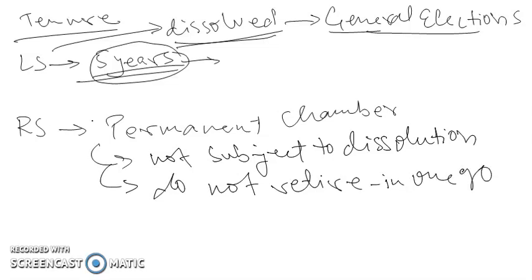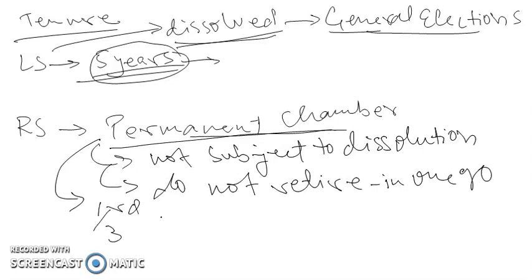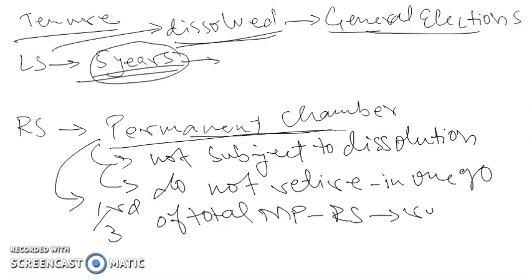To make Rajya Sabha a permanent house, some mechanism has been provided. The mechanism is that one third of the total members of the Rajya Sabha retire every 2 years.